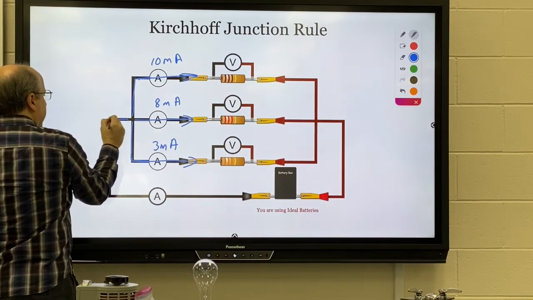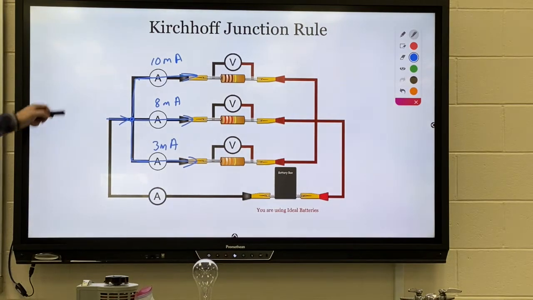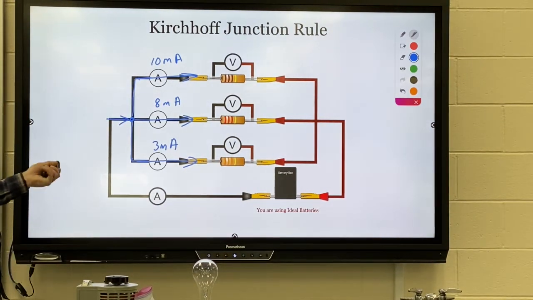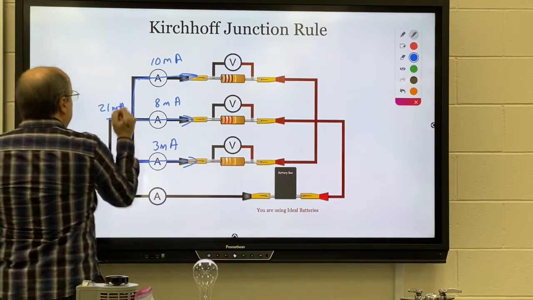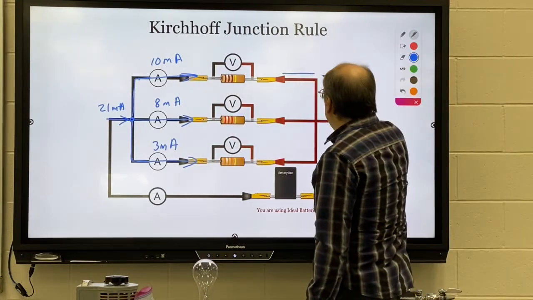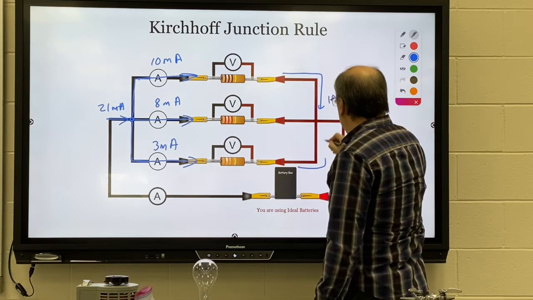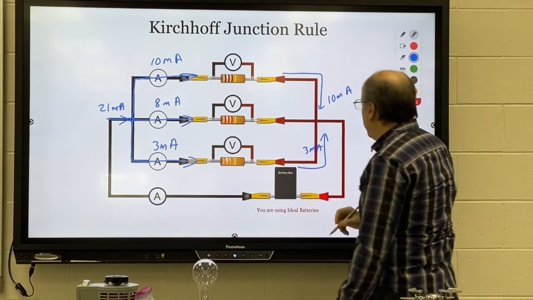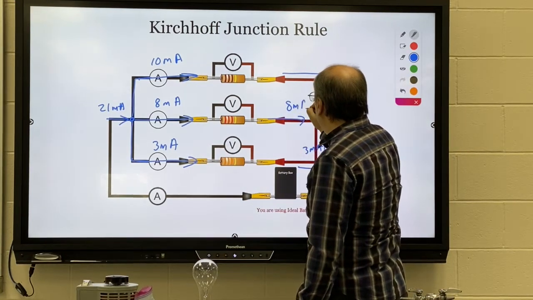How much current entered this junction? So all you would do is you take the 3 currents that are leaving the junction, add them together, and we should get 21 milliamps going into that junction. We could also look at it here where we have 10 milliamps from the top branch, 3 milliamps from the bottom branch, 8 milliamps from the middle branch.